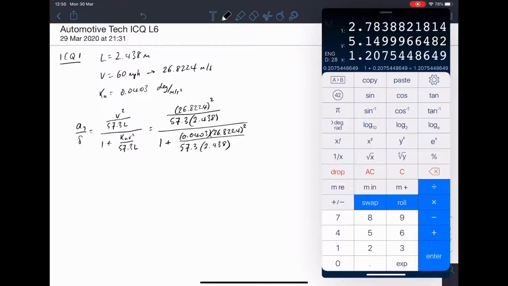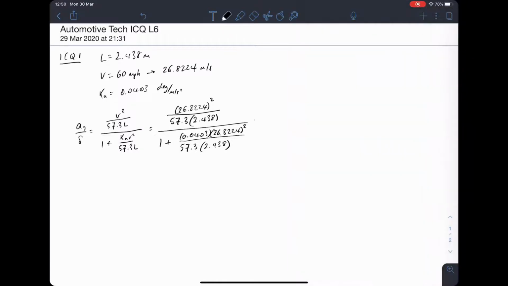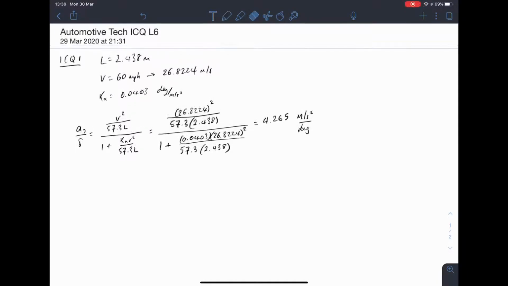Add them together, divide. We have 4.265 meters per second squared per degree. This means that every additional degree of steer angle would introduce another 4.265 meters per second squared of lateral acceleration.